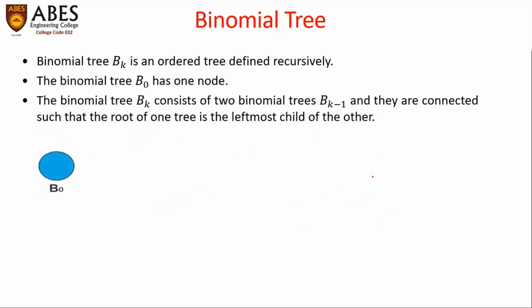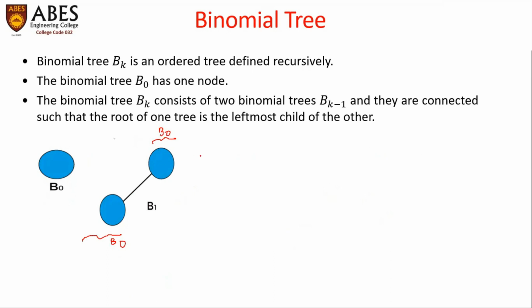As you can see, when the value of k is equivalent to 0, we have only a single node. When the value of k is equivalent to 1, then we have two binomial trees of the order B0, and both of them are connected in such a way that one is the left child of the other.